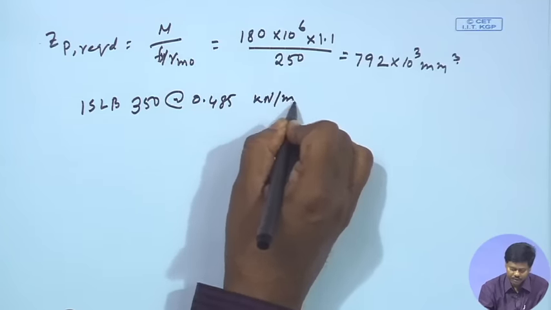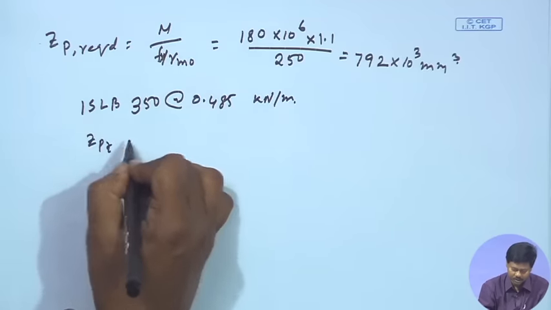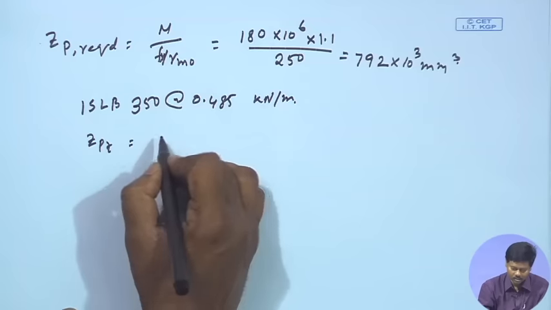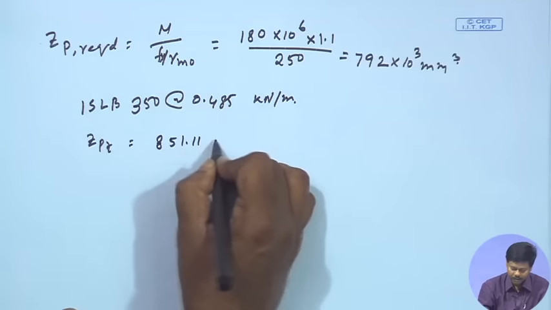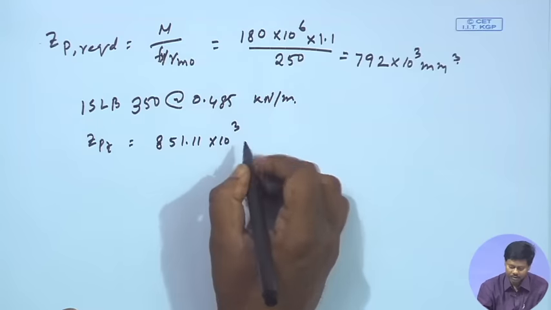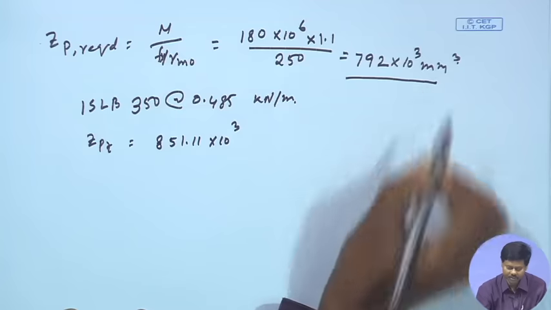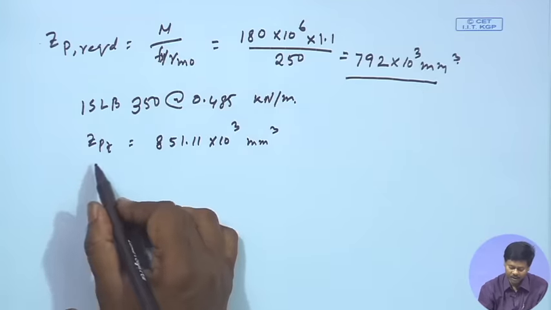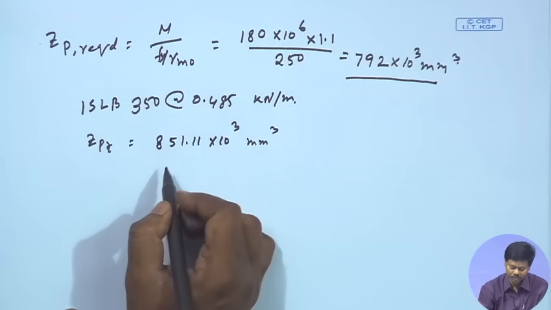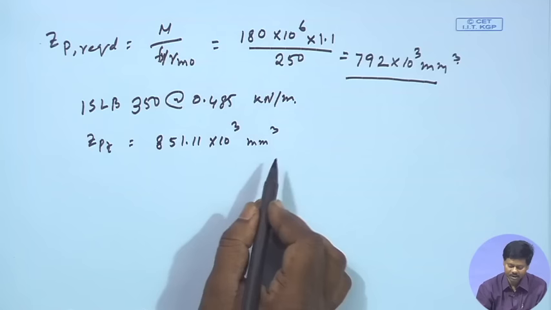If we choose this section, we see the Zp is 851.11 into 10 to the 3, which is more than the required plastic section modulus. In fact, we can use a higher section also. However, we can try with this and see whether it is safe or not.